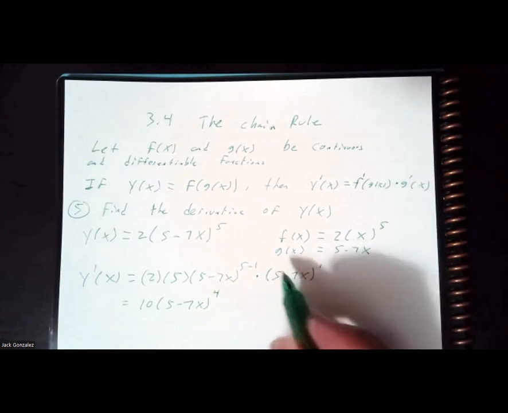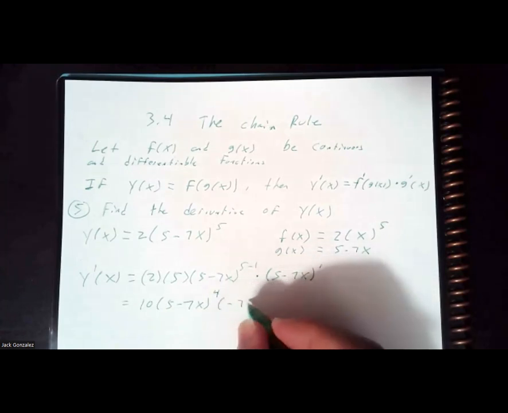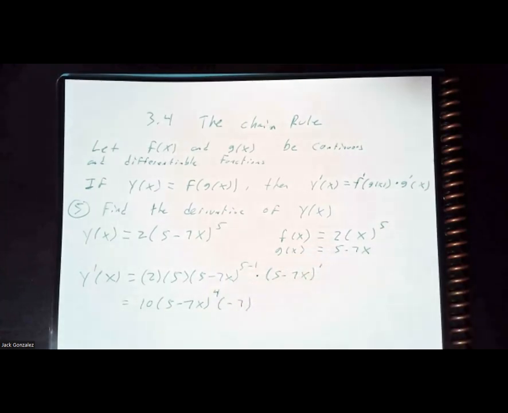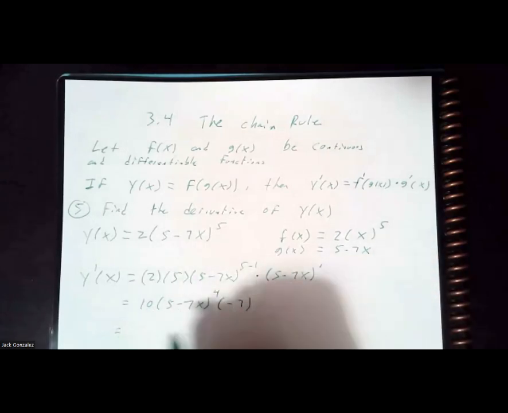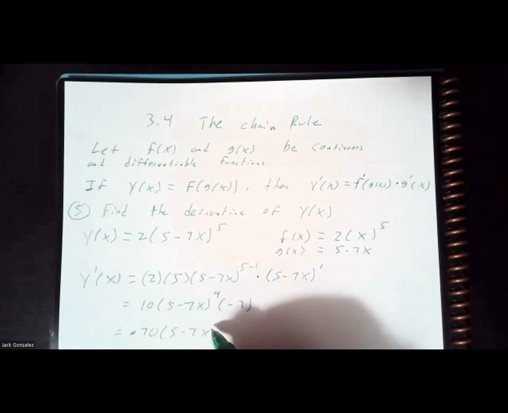The derivative of this is negative 7. Okay, which would be negative 70 times (5 minus 7x) to the 4th.